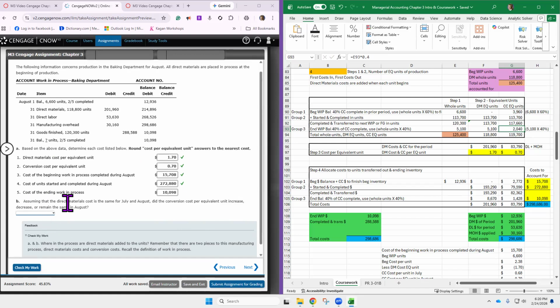Now, let's double check that I got this. When I saw this, I went, well, there's the ending balance. I don't even have to do the math for it. So now I want you to take that ending balance, 10,098, and add the costs of the completed and transferred to finished goods, which is 288,588.